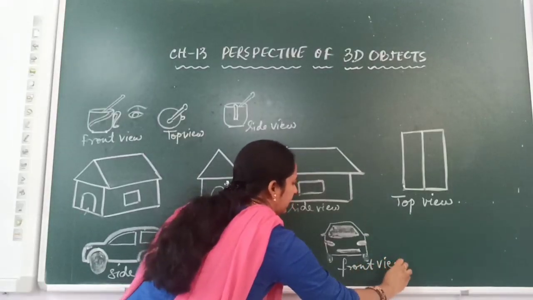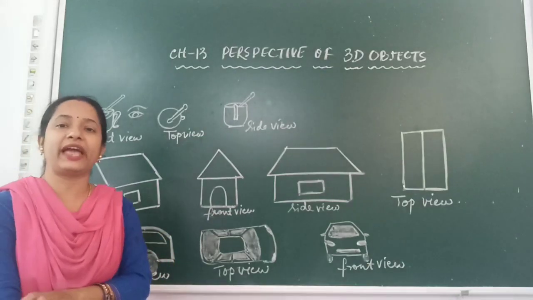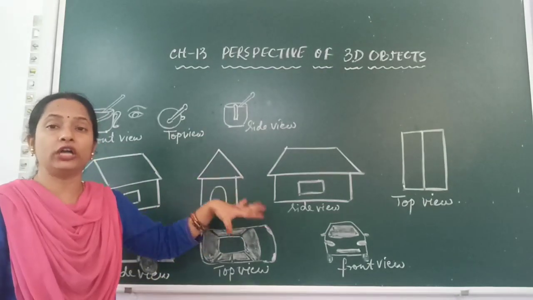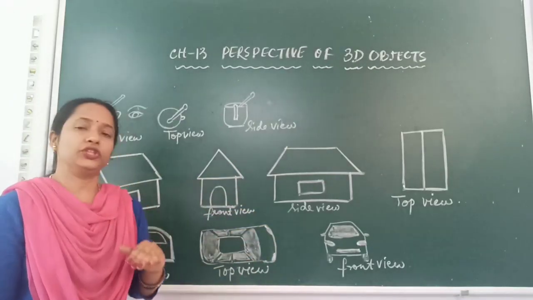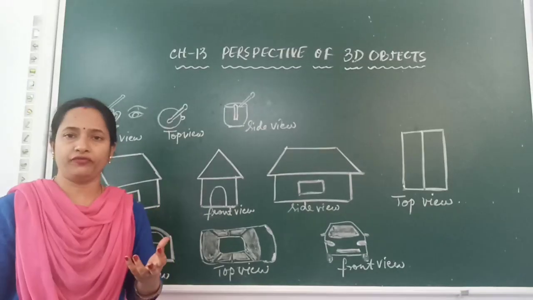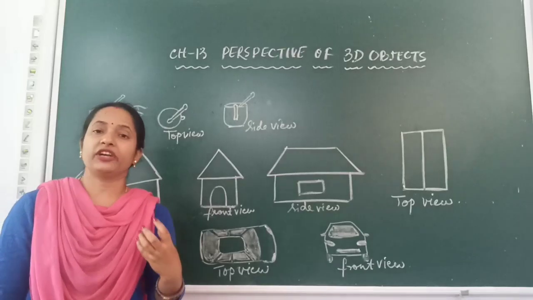So children, I think you got the idea how to view an object and try to draw the different views of an object. So you can take your own examples. You can take any object that you find around you and try to draw the different views of it.